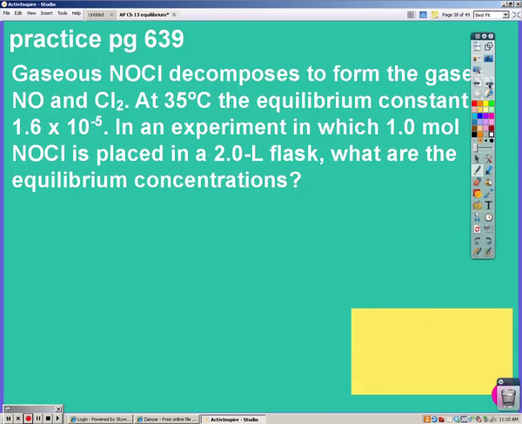Alright, we're going to do one more together. First thing is our reaction. We're looking for equilibrium concentrations, which says you need to write an ICE table.